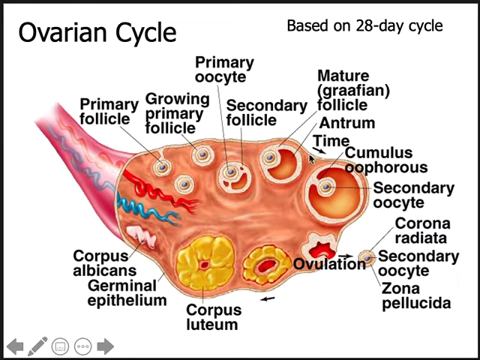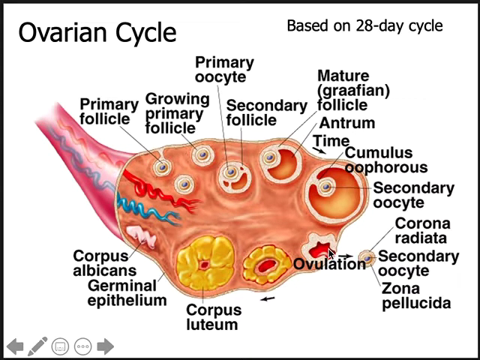Okay, when you get to the mature follicle, you'll notice it has this shape here. This is called an antrum. It's fluid filled. You also have some really important structures here, which we'll also talk about, and I have a short video. This is a mature follicle, and it contains a primary oocyte.